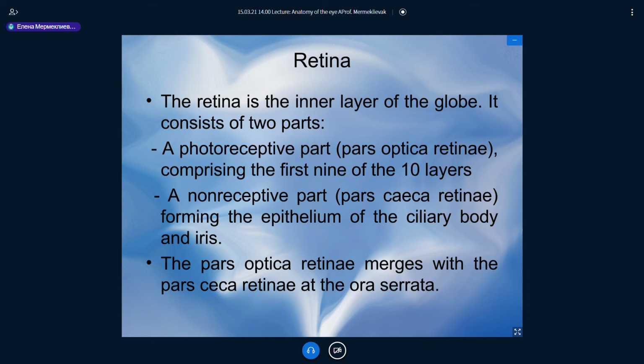It consists of two parts, a photoreceptive part, pars optica retinae, comprising the first 9 of the 10 layers, and a non-receptive part, pars caeca retinae, forming the epithelium of the ciliary body and iris. The pars optica retinae merges with the pars caeca retinae at the ora serrata.